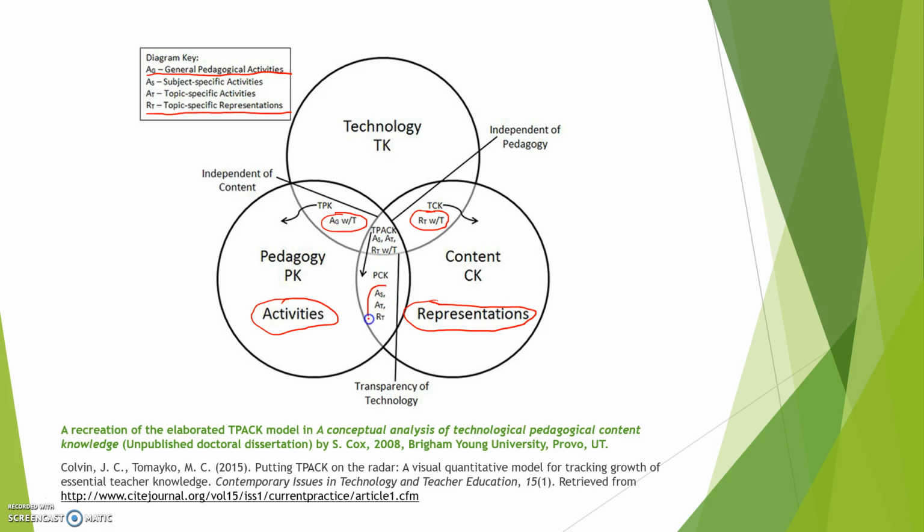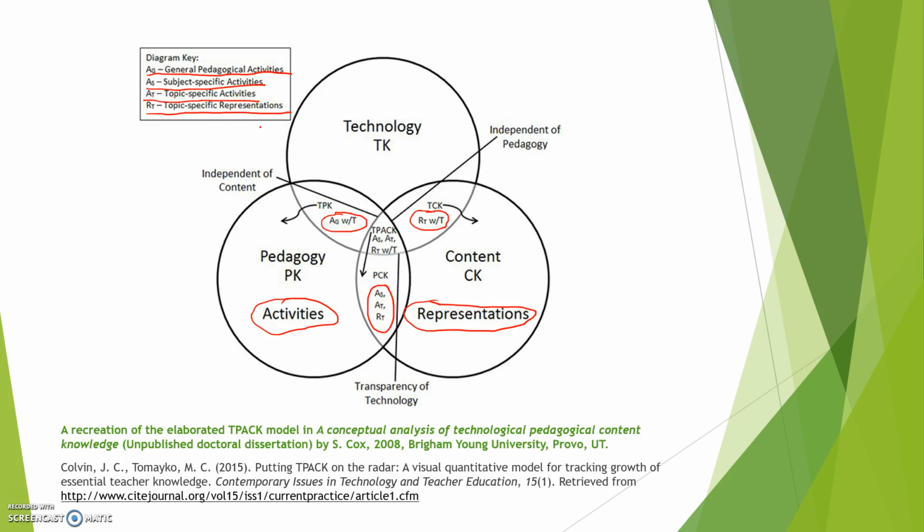Over here in PCK, we have a couple of actions that contribute to a teacher demonstrating pedagogical content knowledge, and that would be our A sub S, topic-specific activities, our A sub T, topic-specific activities, and our RT, again, topic-specific representations. All of these contribute to a demonstration of pedagogical content knowledge.